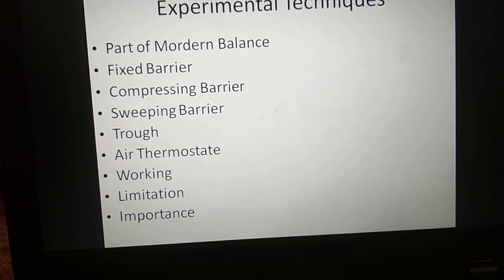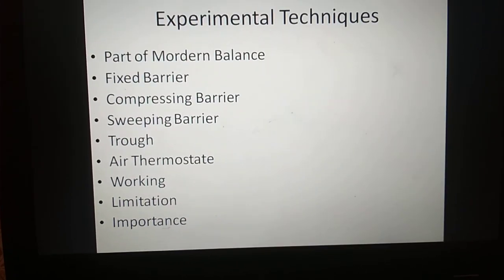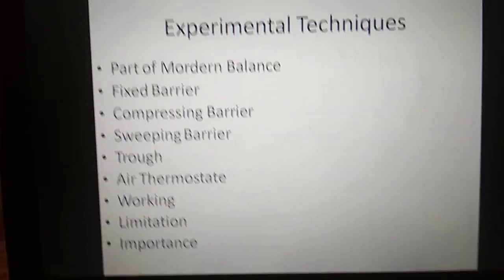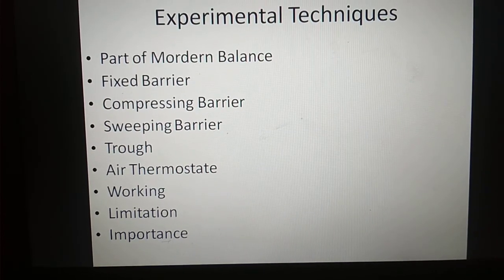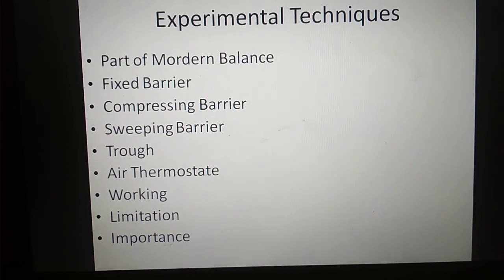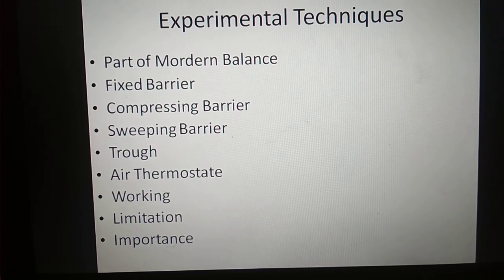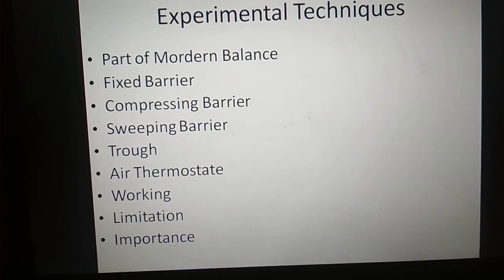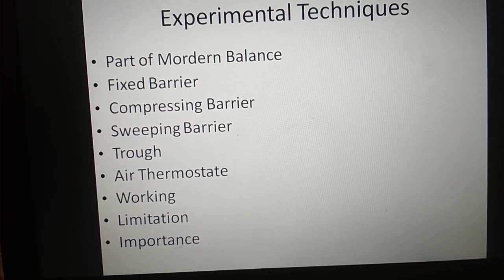Thus, they prevent leaking of surface film past the float. Third is the sweeping barrier. It is a movable barrier resting upon the sides of the trough and in contact with the water surface. A number of movable barriers are provided for sweeping the surface clean.